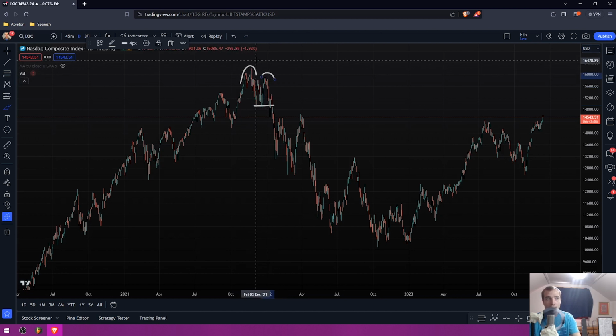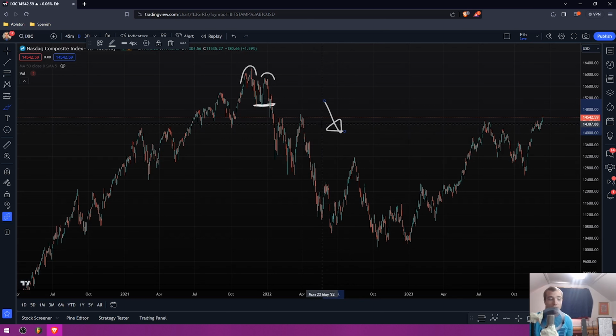So we have a top right here, a top right here. Prices go back down to that major support level, and we drop right through. And you can see that gave the bears permission to push the price lower. So we have two really good examples here of a double top pattern on Ethereum as well as the stock market. You can see how effective this trading pattern is.